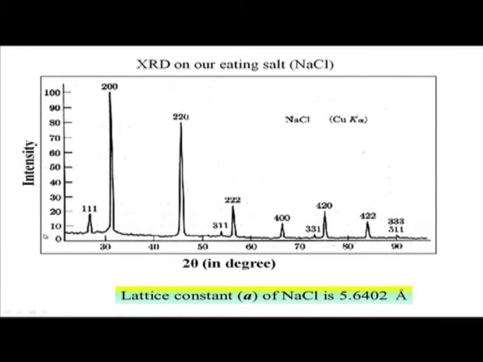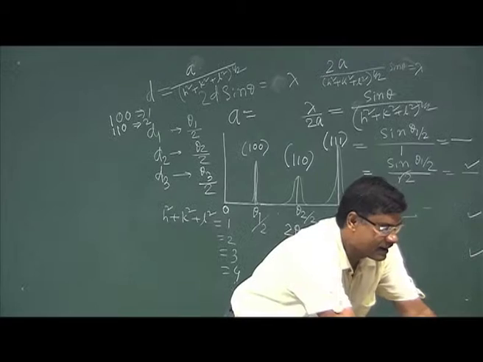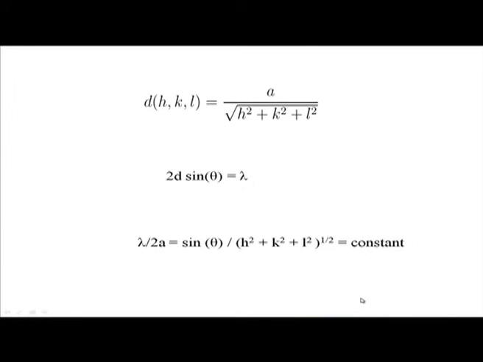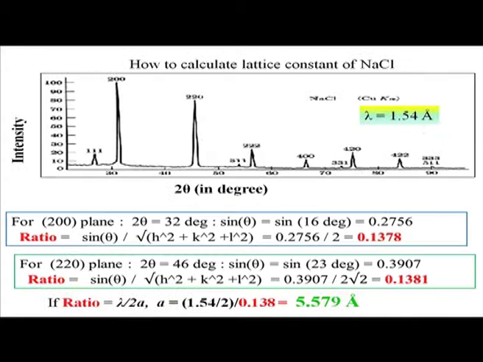Here we have identified these. Generally software identifies them, but we do not need it, we can identify them as I mentioned. And the value of the lattice constant is known, it is reported as 5.64. So let us calculate.